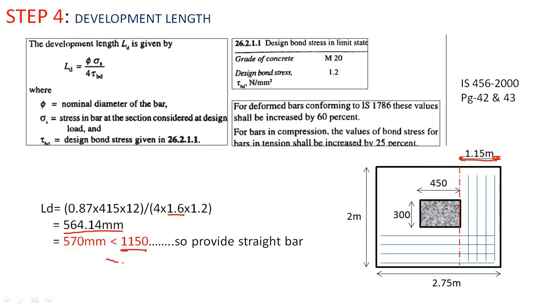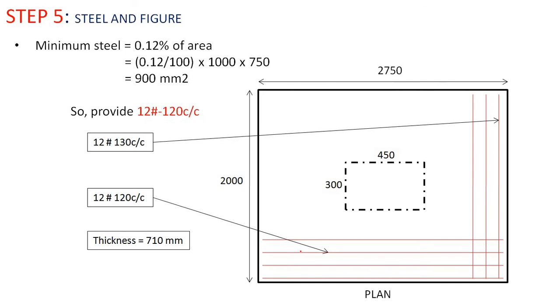If the development length was greater than 1150, we would have to bend this reinforcement like this. But in our case we have to provide straight reinforcement only. Fifth, we will see the minimum reinforcement and figure. First we will find the minimum steel.